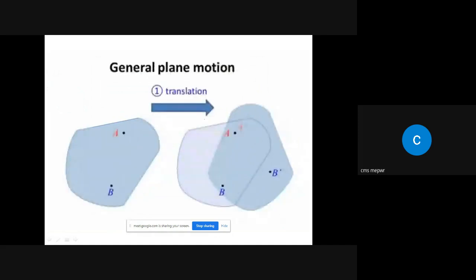As I have told you, general plane motion is basically a combination of translation plus rotation. So initially, when the object was here, let's first consider translation. It moves maybe along a straight line, exhibiting a translation as shown over here.